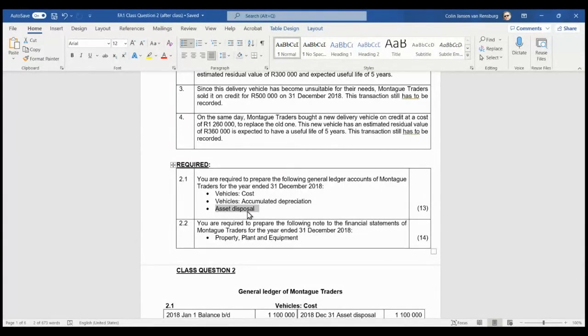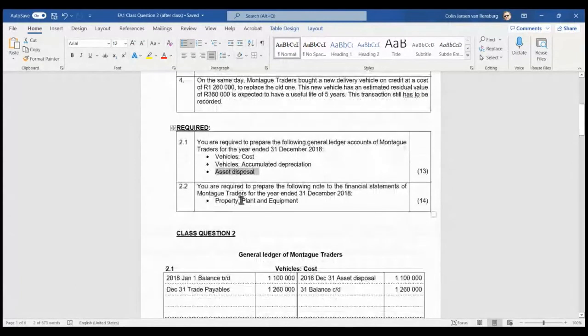It has no opening balance and no closing balance. It is just there to enable you to calculate the profit or loss on disposal, right? It is just to have a contra account to your derecognition of those balances.